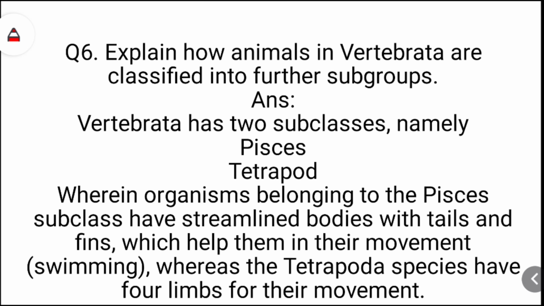Number 6, explain how animals in vertebrata are classified into further subgroups. Vertebrates have two subclasses, namely Pisces and Tetrapoda. Organisms belonging to the Pisces subclass have streamlined bodies with tails and fins, which help them in their movement, whereas tetrapods have four limbs for their movement.